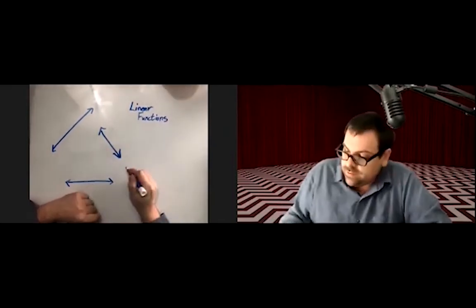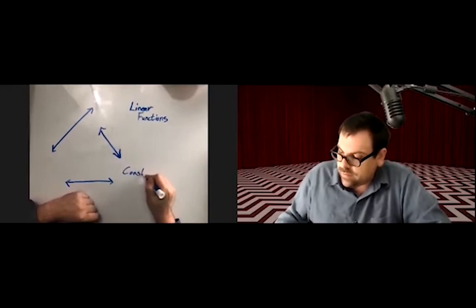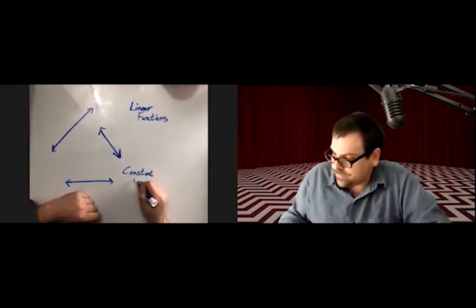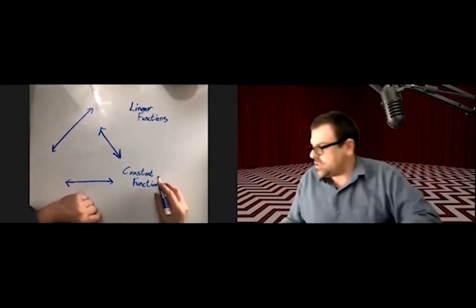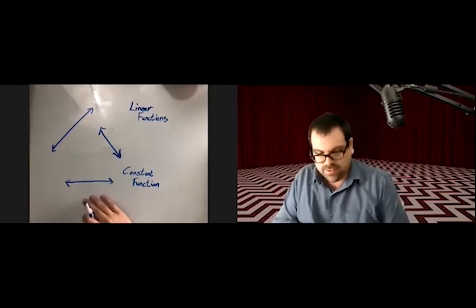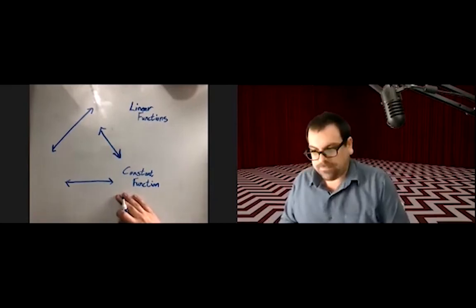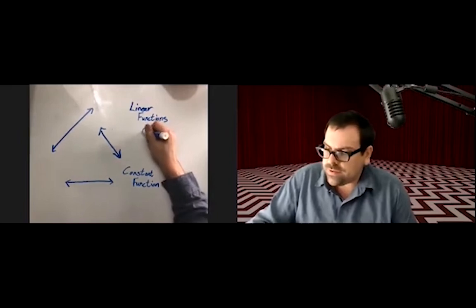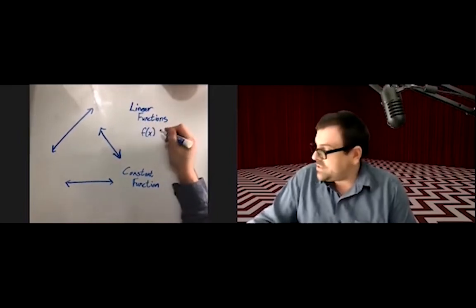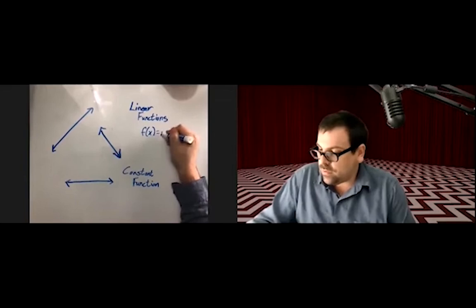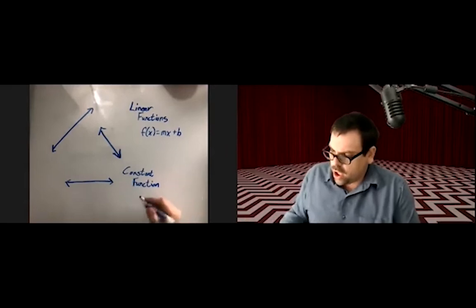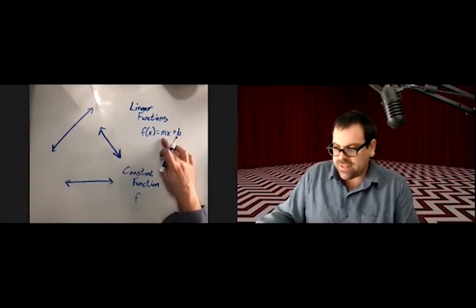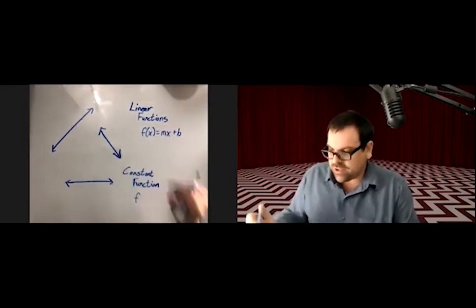Linear functions and the special case of the linear function, the constant function. Linear functions will have a standardized form, f of x equals mx plus b. Constant function, well, that's a slope of 0. That means the m is 0, which means that term goes away.